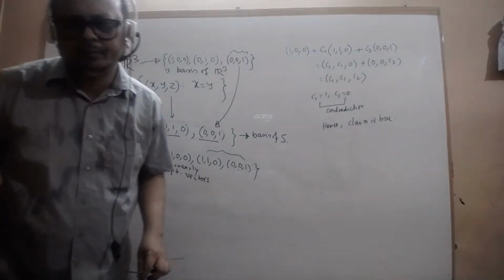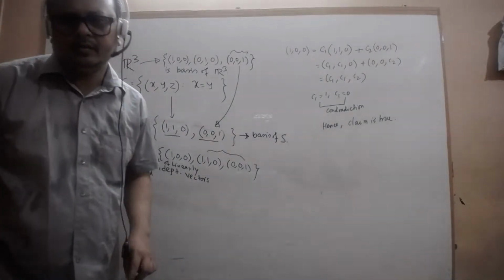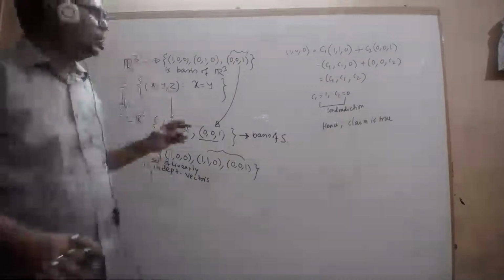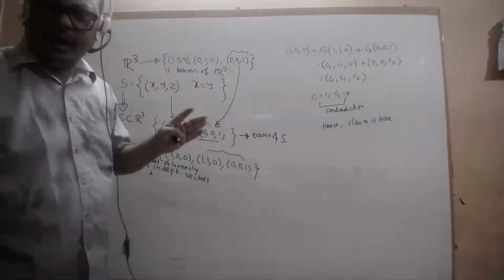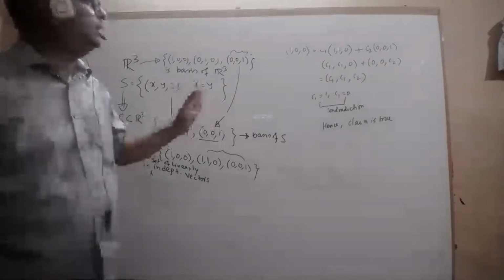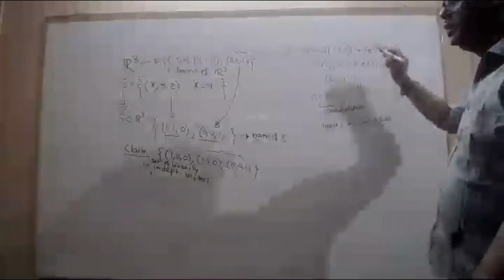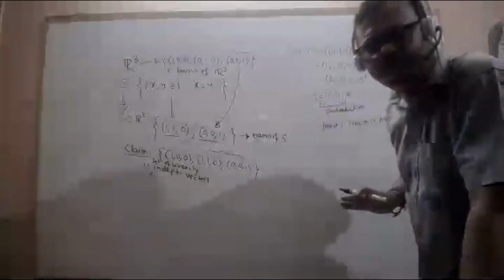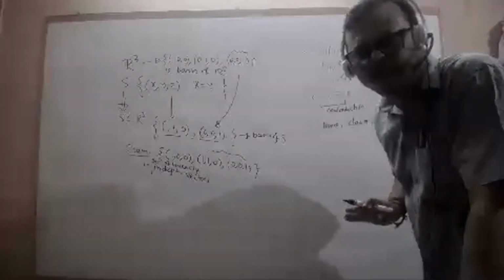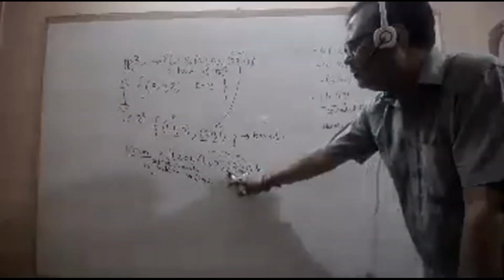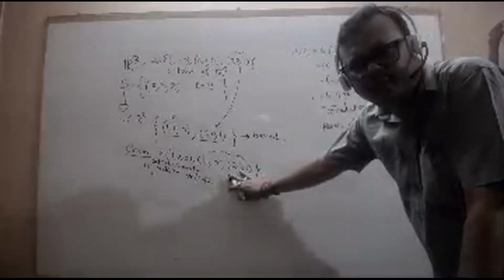Clear, Swarnabu? So, Swarnabu, again, C3 and C2 are the same thing. Okay. Swarnabu, clear or not? Tell me. So, can I write this thing? This is a set of independent vectors.